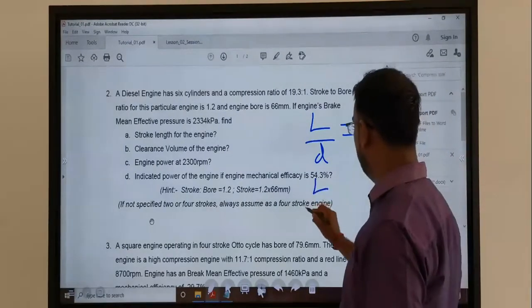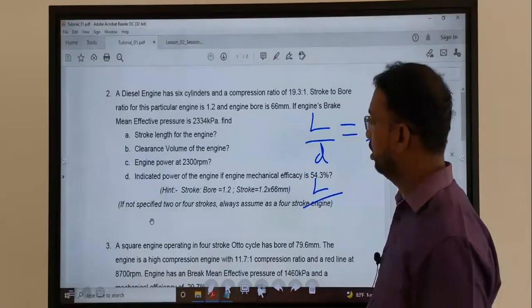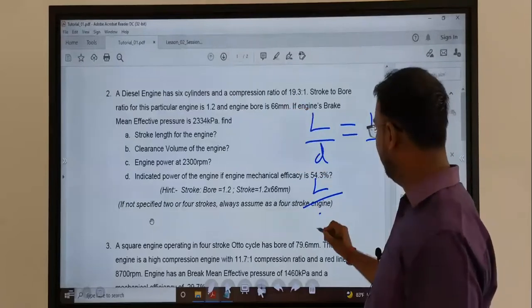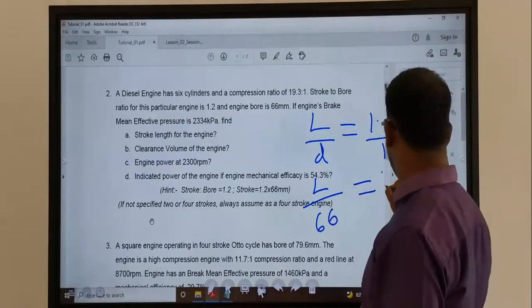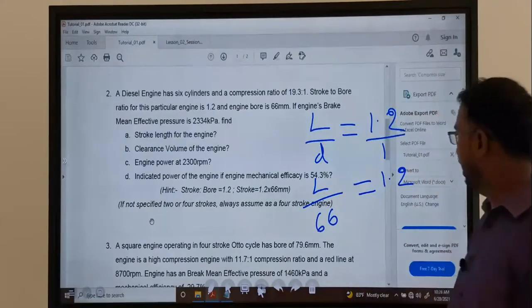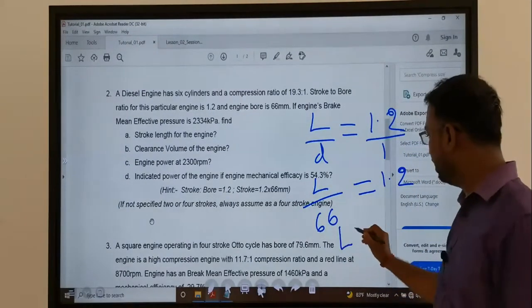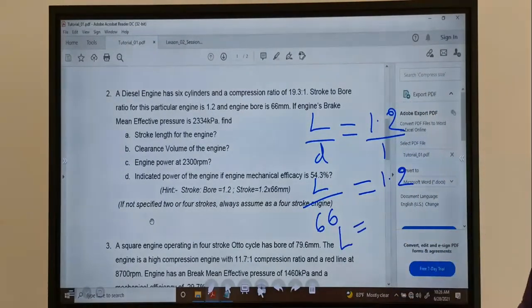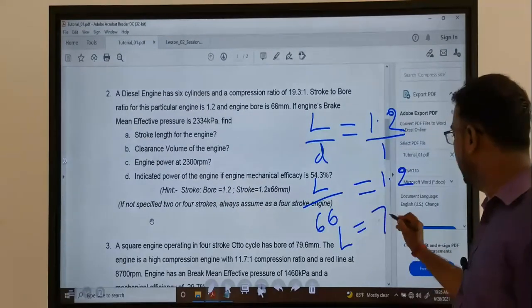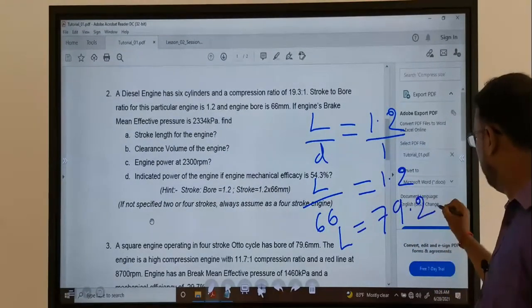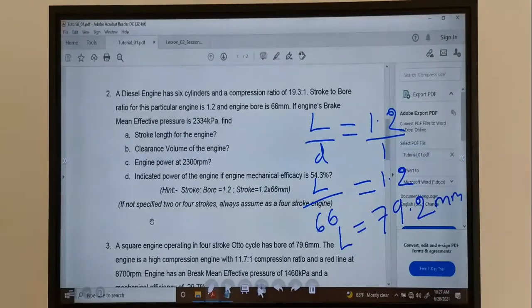L we have to find, bore is 66, ratio is 1.2. So we can find the L. L is 79.2 millimeter.